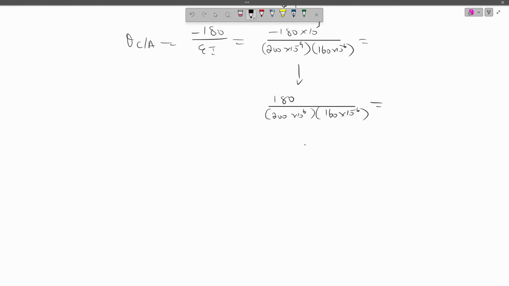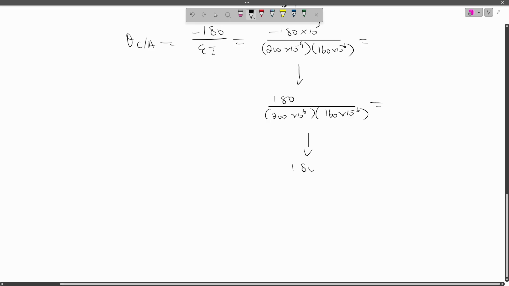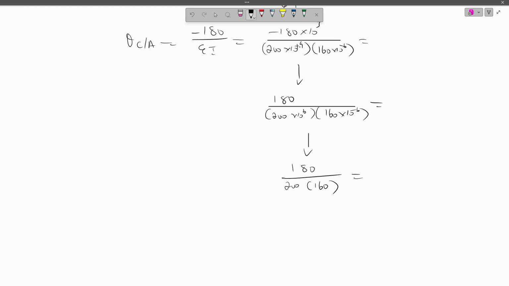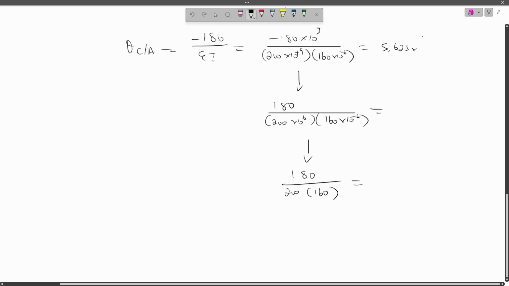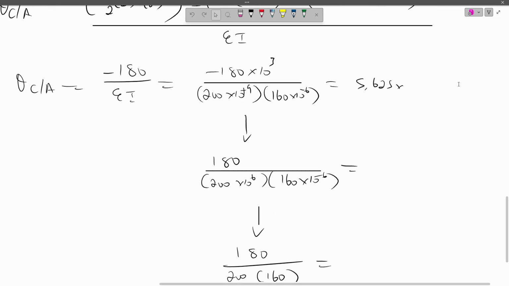Or 180 over 200 times 160. Then you get 5.625 times 10 to the negative 3 radians.